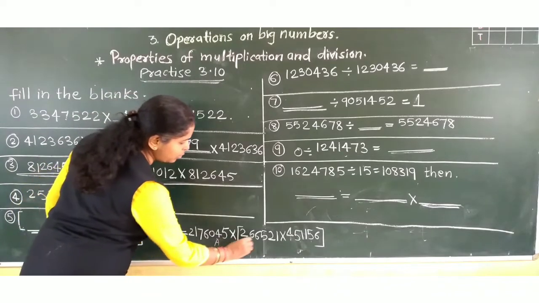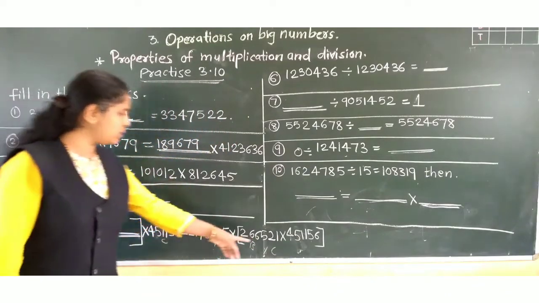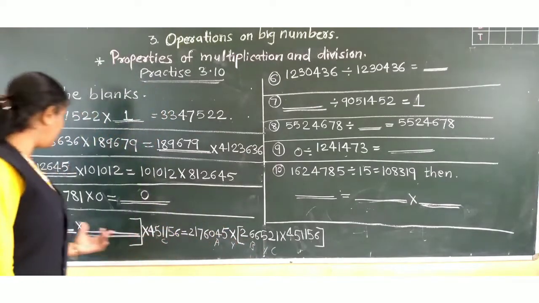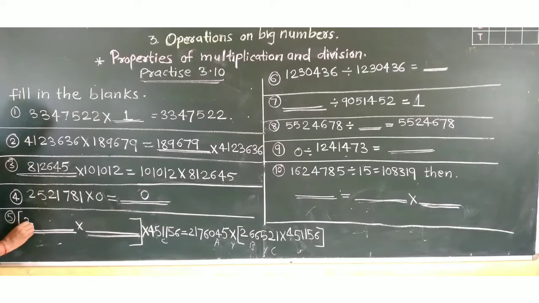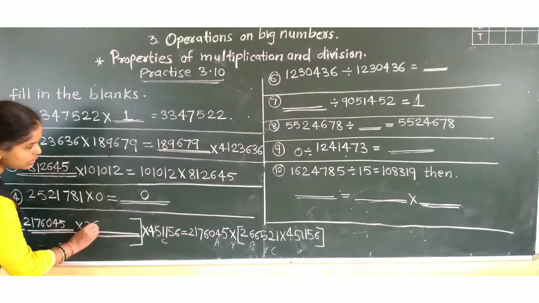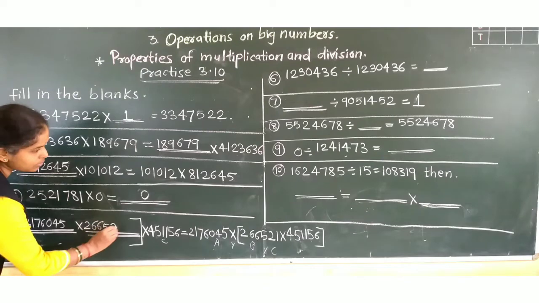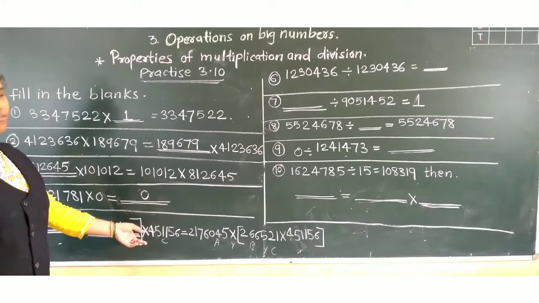A into B into C. Correct? So C is given. Now these two numbers will be here. Got it? So 2176045. Based on the properties only we have to solve this practice. Okay, this is the answer of the 5th one.